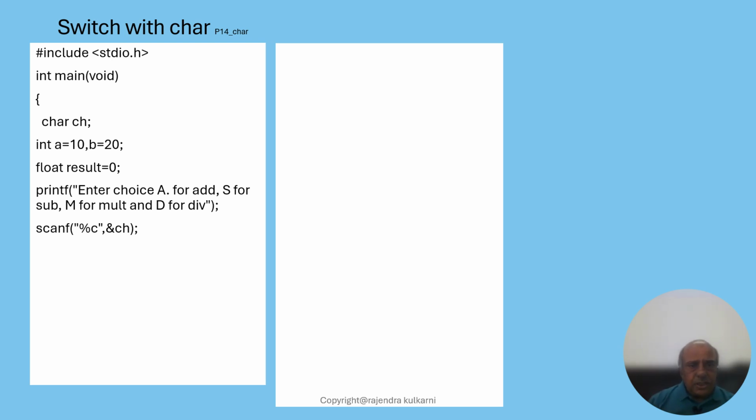He should enter A for adding, S for subtraction, M for multiplication, and D for division. Whatever the user input is, that is assigned to ch, and now switch with ch as the variable which we will be testing.